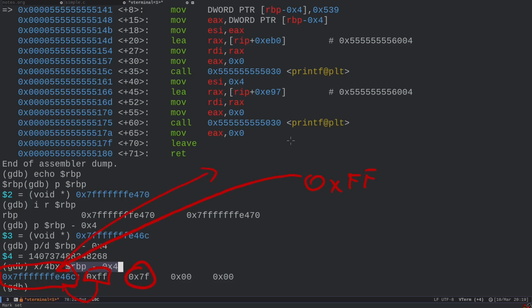Consider the end of this address: 46C. The next one is going to be 46D. Then it's going to be 46E, and the next is going to be 46F.